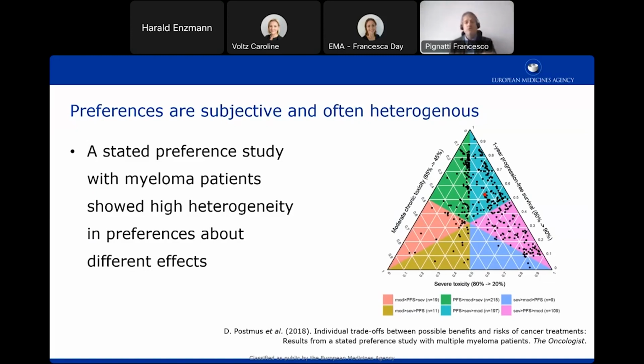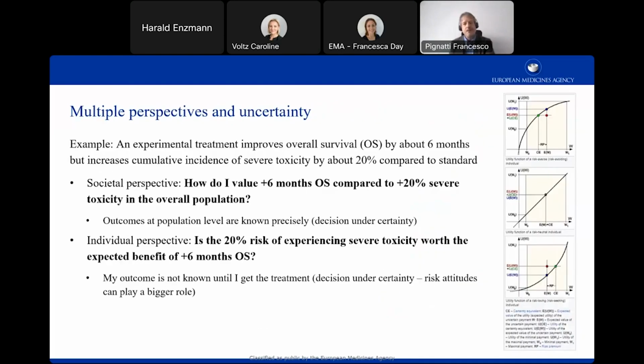So how much every individual values certain effects is subjective. And it's subjective for patients, but it's subjective also for regulators. So one of the determinations in the benefit risk assessment is also to try to quantify how much variability there is in the preferences. And lastly, something that is not often recognized is the perspective.